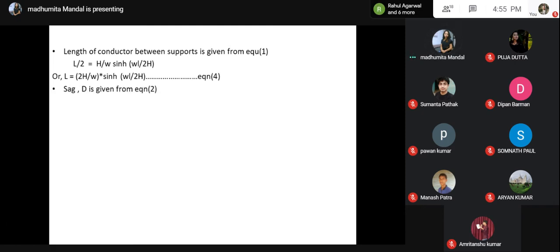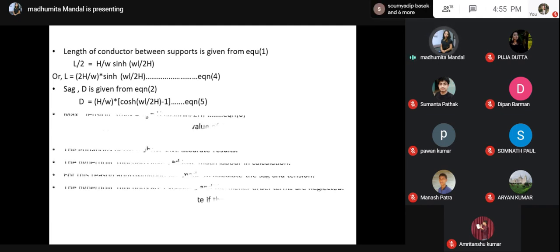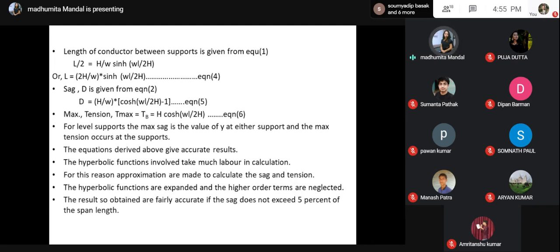And in the equation for y, y is the vertical distance, so y is replaced by d. So d will become d is equal to h by w into cosh omega l by 2h minus 1. Okay, so that is the equation for sag.